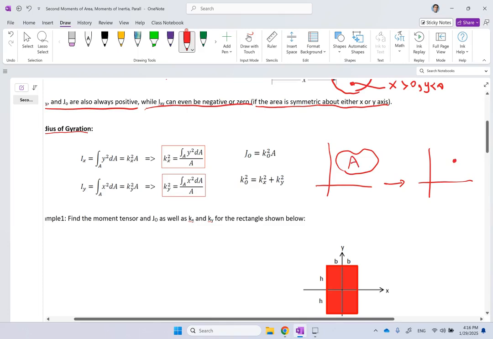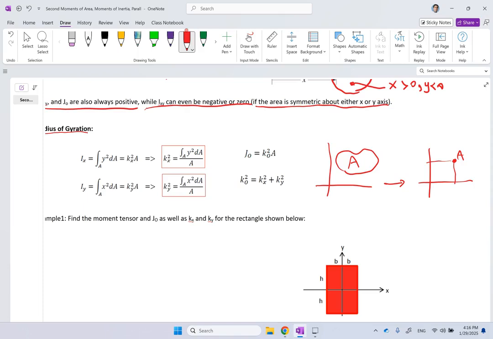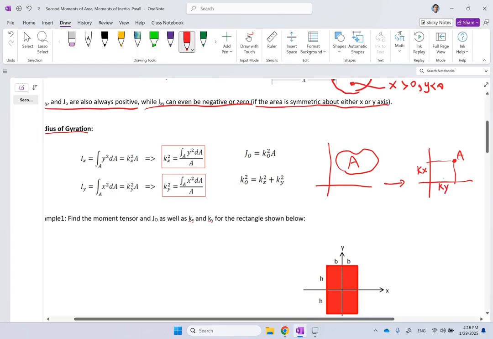Again, we squeeze it into a single point, put all the A in there, and the distances of that small point that has all the surface in it with respect to the y-axis and with respect to the x-axis is what? So this distance here, we are going to call it kx. And this distance, we are going to call it ky. Okay? So pay attention, this time the order of x and y is backwards. The horizontal one is ky, the vertical one is kx.